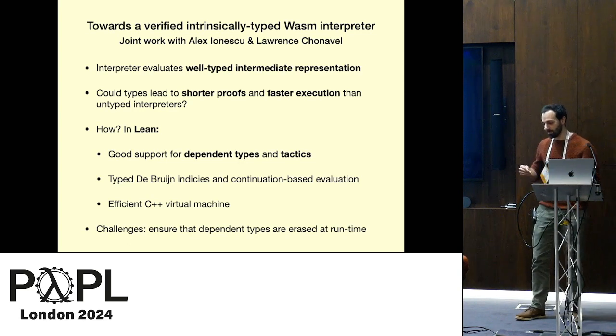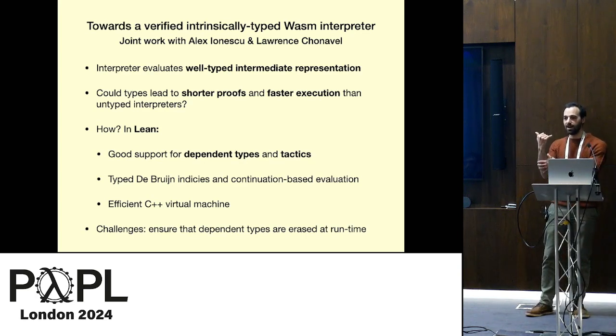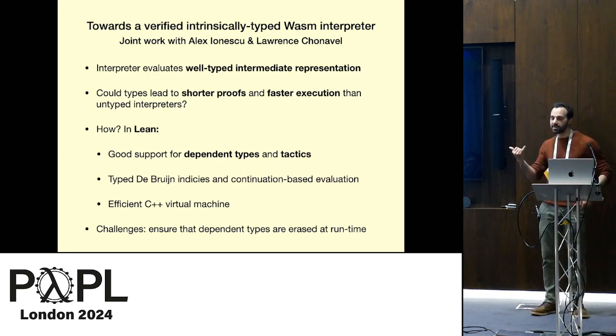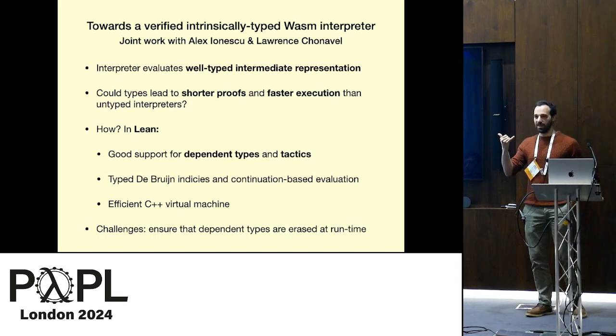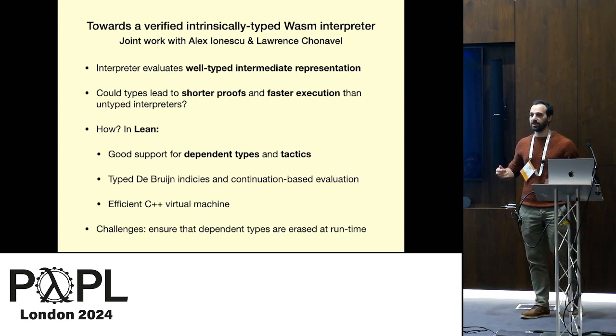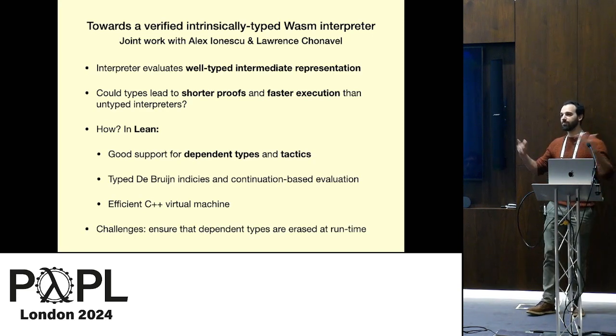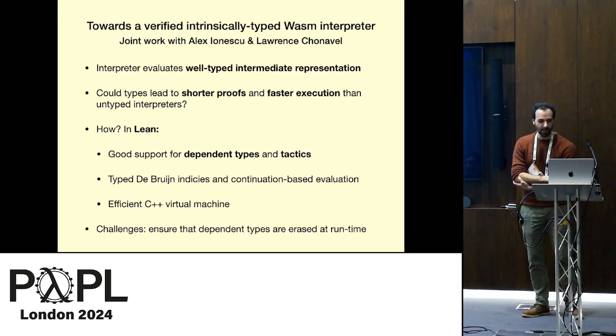The fact that our intermediate representation is typed means that our runtime representation could have some of this information there, and this could cause unnecessary overheads. So we're really interested in figuring out if we can completely get rid of these types at runtime.